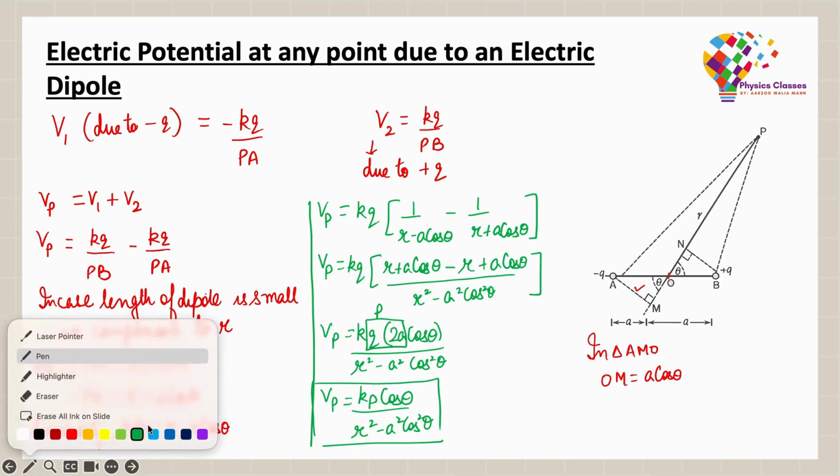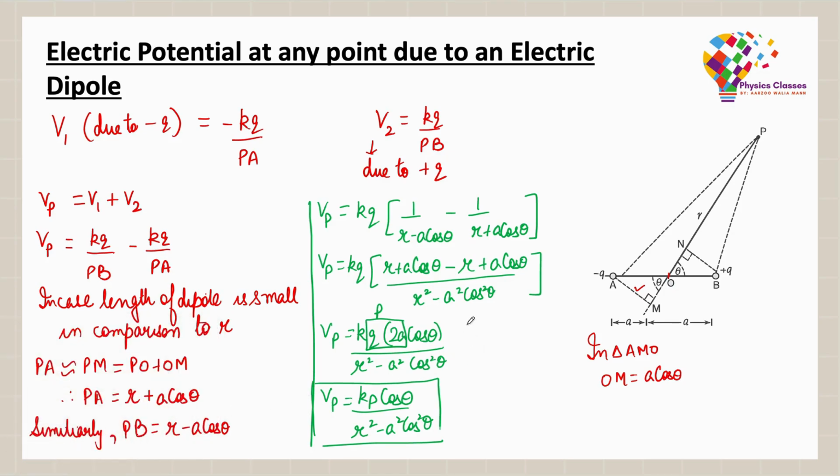Now over here you can also do some specific cases. Let's talk about a very easy one. If I'm talking about an axial line, we know that theta would be equal to 0 degrees. If theta is 0 degrees, cos 0 is 1. So if I put cos 0 over here, then I will simply get my VP as KP upon R square minus A square.